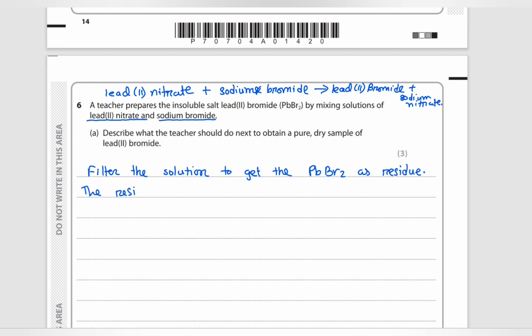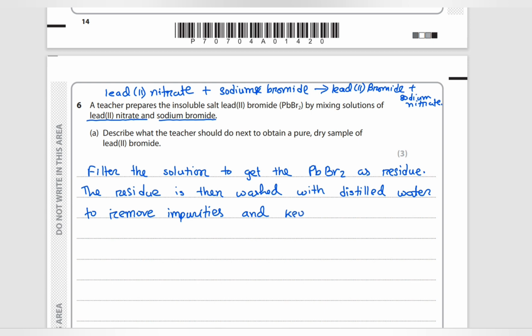The residue is washed with distilled water to remove impurities, and kept in a warm room to dry them out.